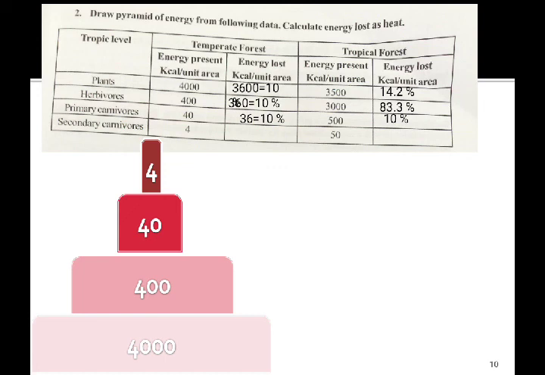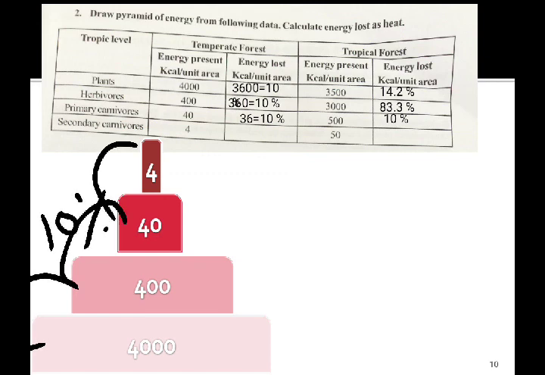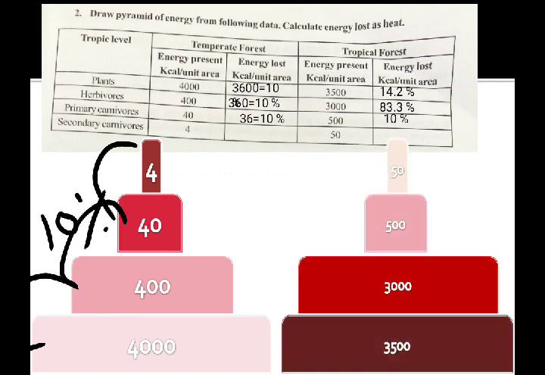You will just draw this particular graph, and you will depict that the loss of energy on each level is 10%. Understood? Now, when we make the tropical rainforest, the graph will be totally different. Here 3,500, 3,000, then directly it jumps to 500, and at the end 50.